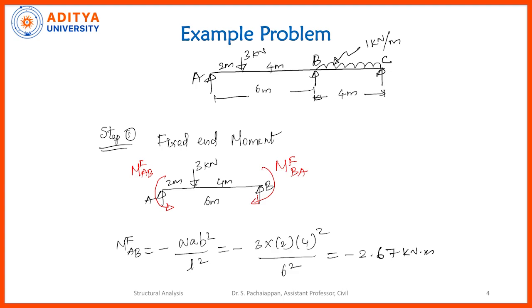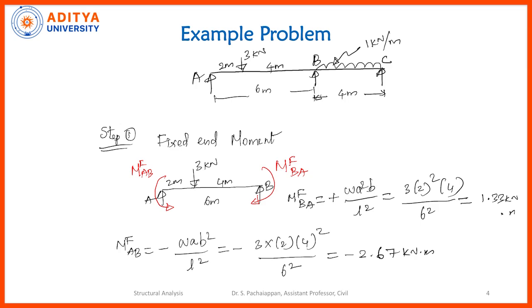Similarly, MF BA: the formula is plus W a squared b by L squared, where W is 3, a is 2 meters squared and b is 4 meters, divided by span 6 squared. So we get 1.33 kilonewton meter.